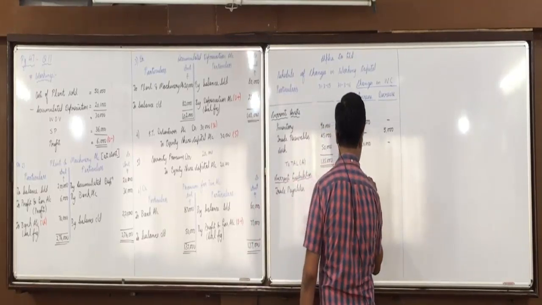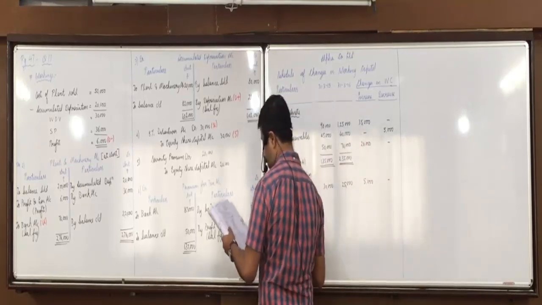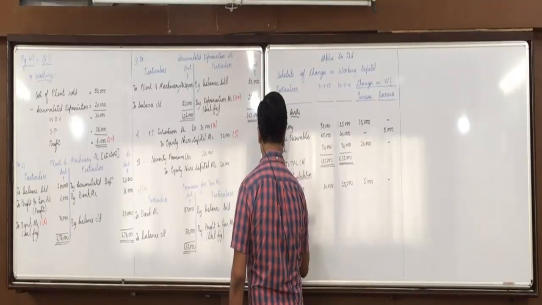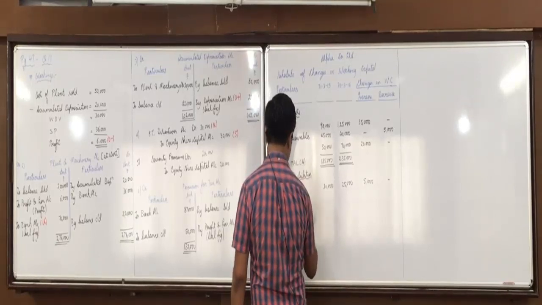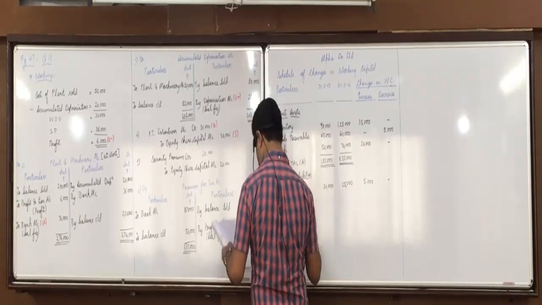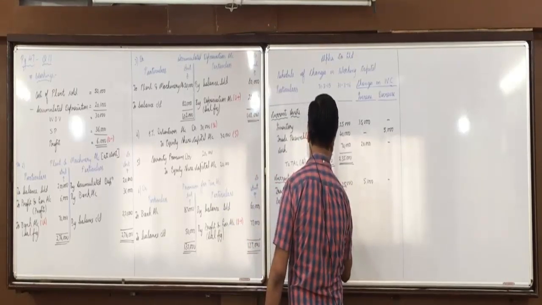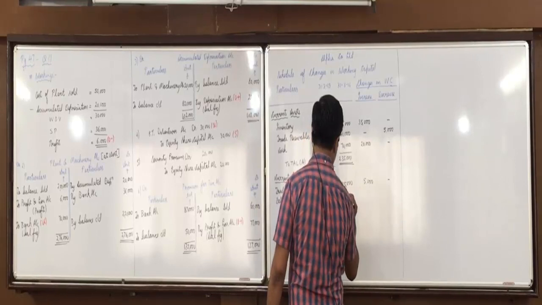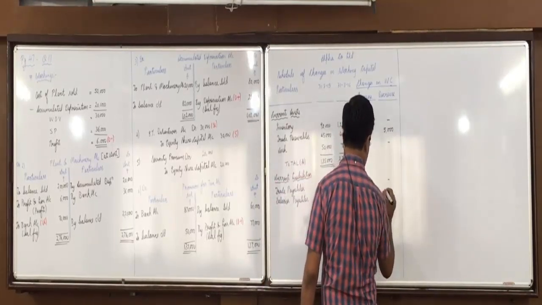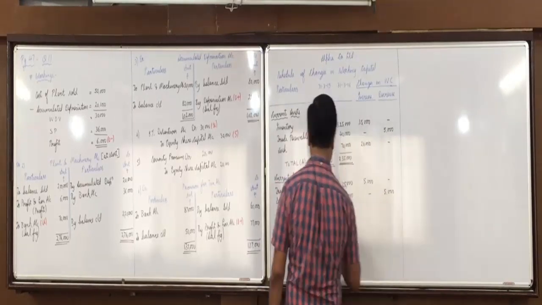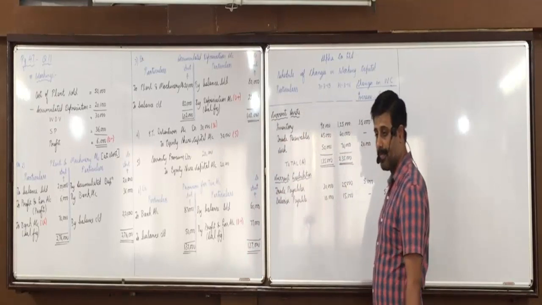Trade payable is decreasing by 5,000, so working capital will increase by 5,000. And salaries payable, 10,000 and 15,000. Now inverse relation, salaries are increasing by 5,000, so working capital will decrease by 5,000. Did you understand this, everyone?